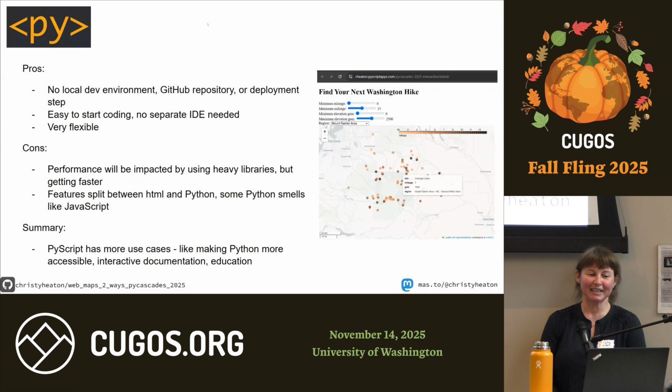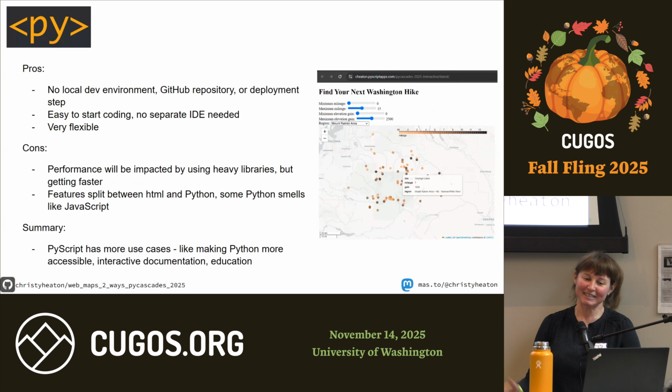So PyScript, some pros of PyScript are you don't need a local Python environment. You don't need a GitHub repo. You don't need a deployment step. Everything you're doing is done in the browser. And this is, like I said in the beginning, a really new feature. Being able to run Python in the browser makes it much easier to get started as a new programmer.